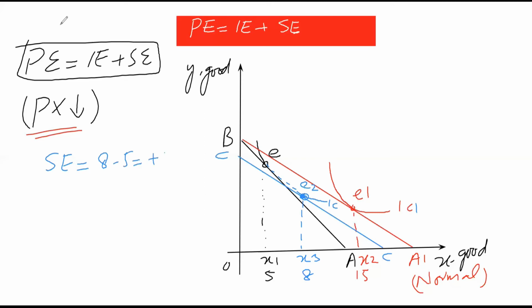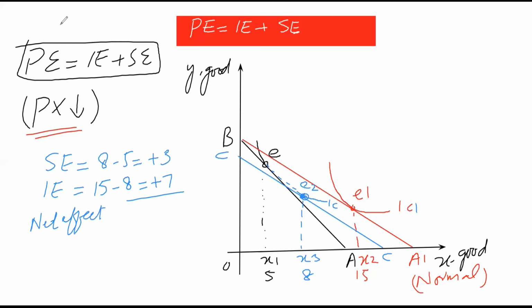So 8 minus 5 is plus 3, and income effect is 15 minus 8, so it is plus 7. So the overall effect is positive, and the net effect would be positive, and that is equal to plus 10.